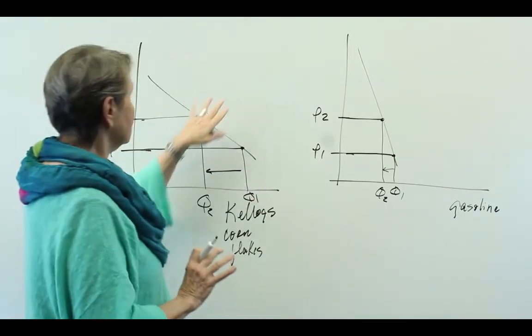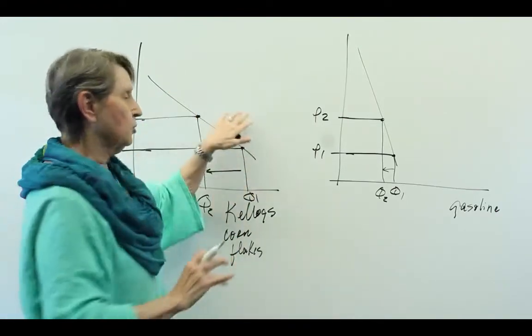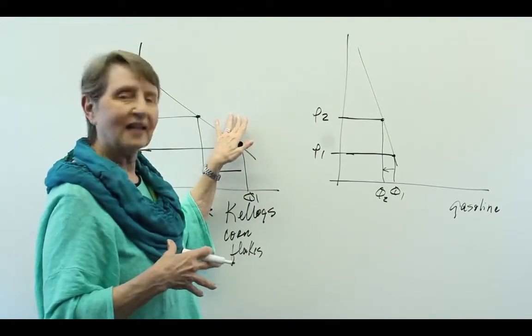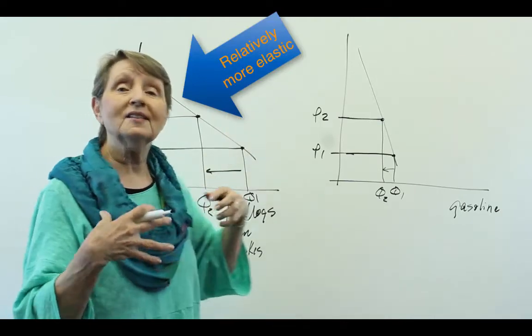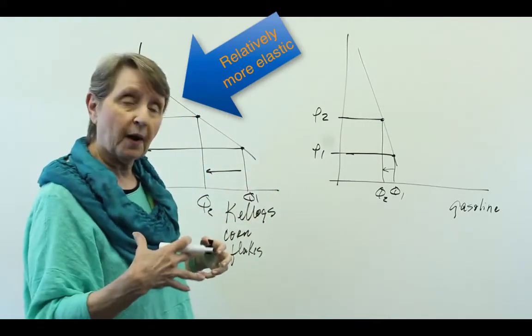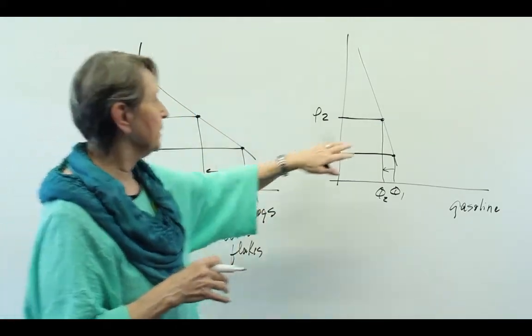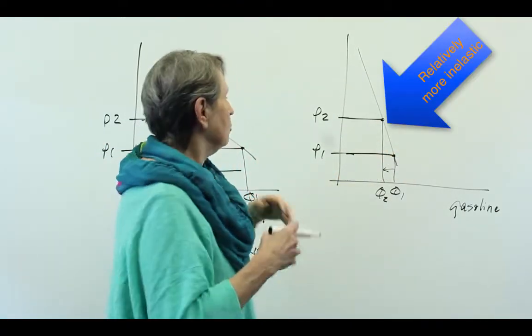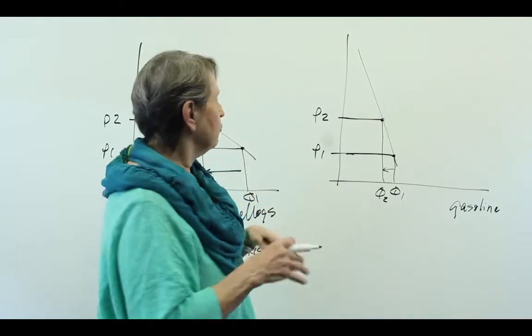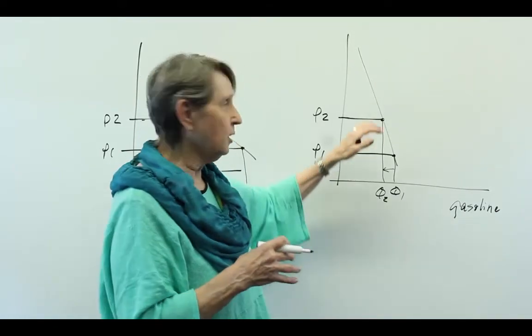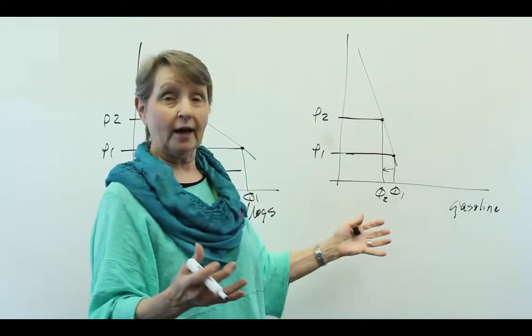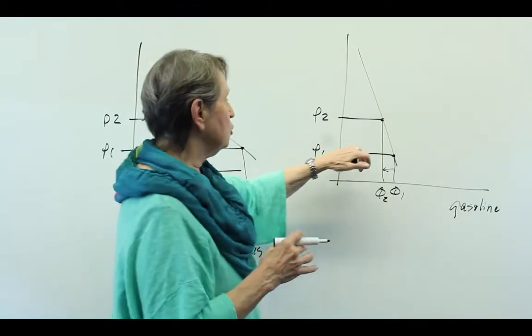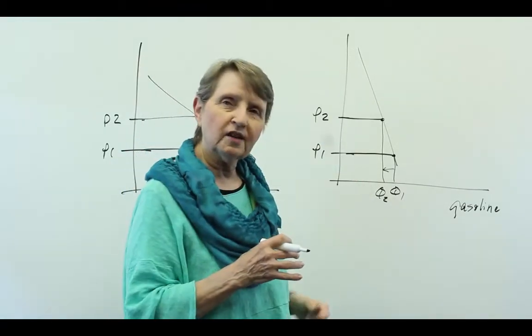And so what we would say is that this demand curve is relatively elastic, relatively sensitive, relatively responsive to changes in price. This demand curve is relatively inelastic, relatively unresponsive, relatively insensitive to increases in price. This doesn't mean they like increases in price. It just means that they respond differently.